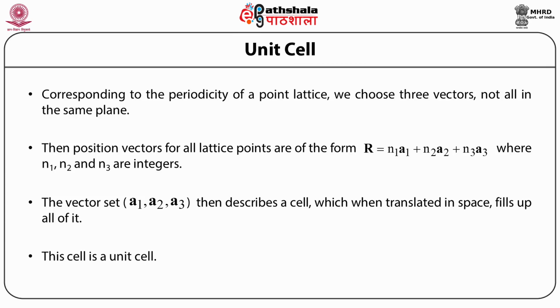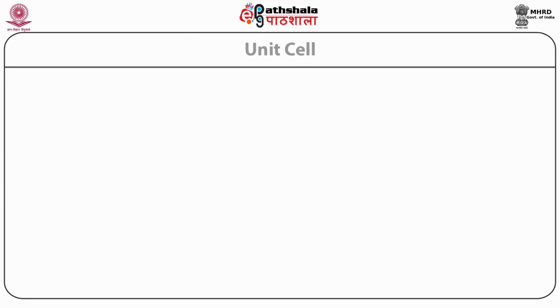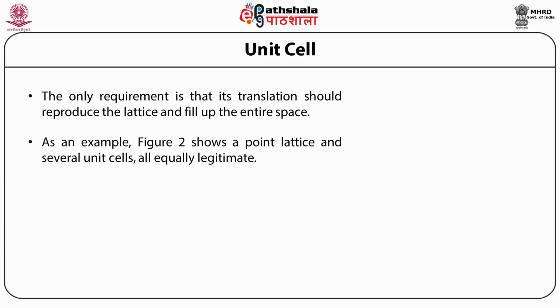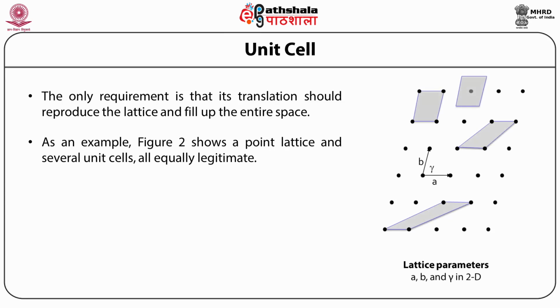There is no unique choice of a unit cell. The only requirement is that its translation should reproduce the lattice and fill up the entire space. For example, as evident from the figure, it shows a point lattice and there are several unit cells, all equally legitimate.